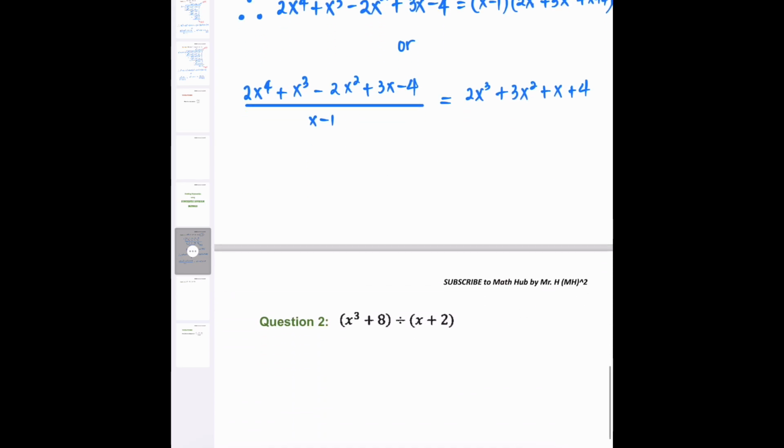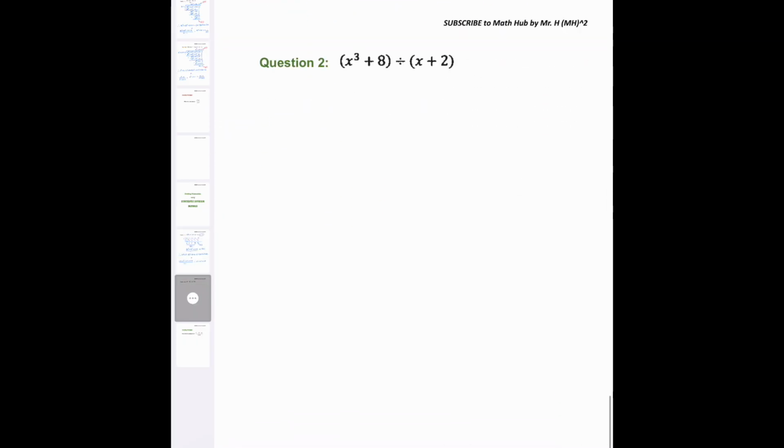Example number 2. From here, you notice that the dividend, or our p of x, is actually missing terms in between, in terms of the power. So the degree is 3, and we're missing terms for the exponent, or the power of 2 and 1.